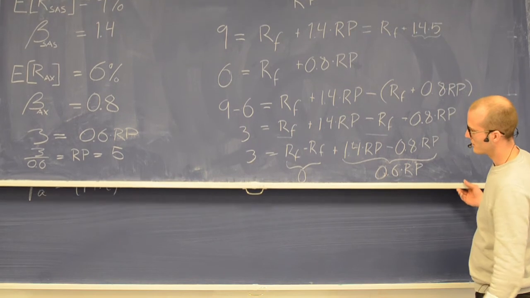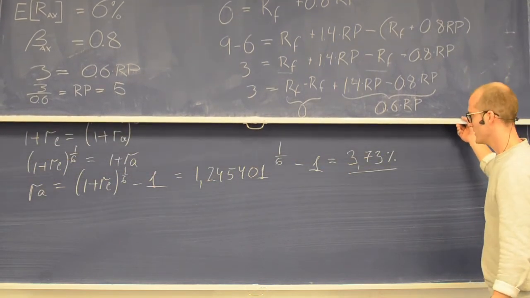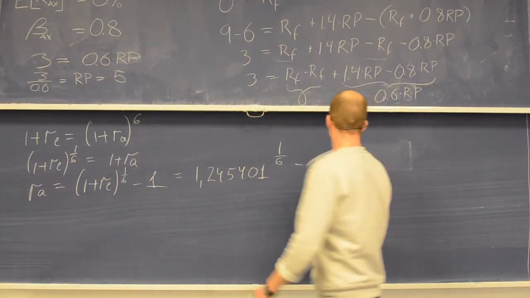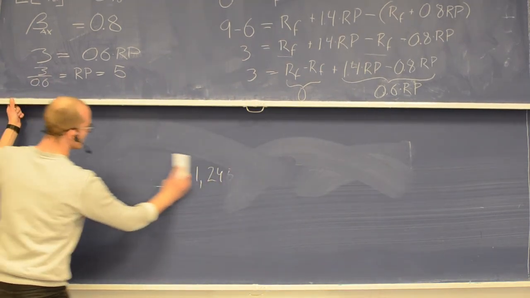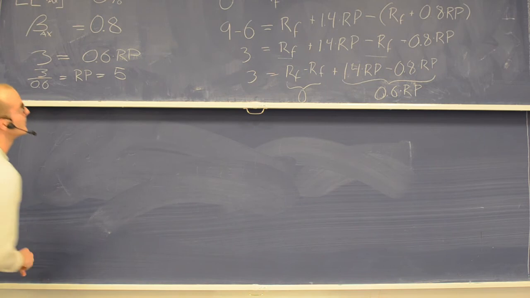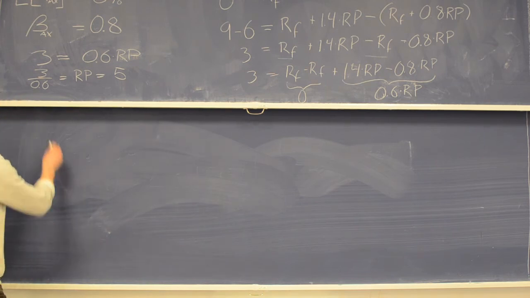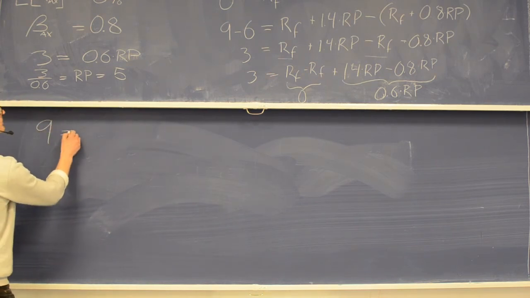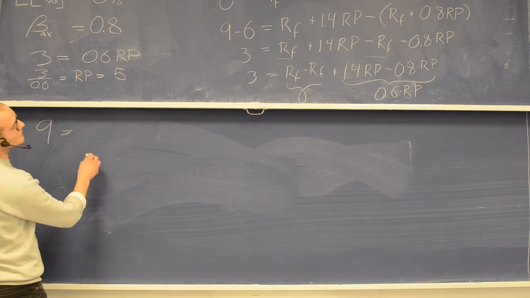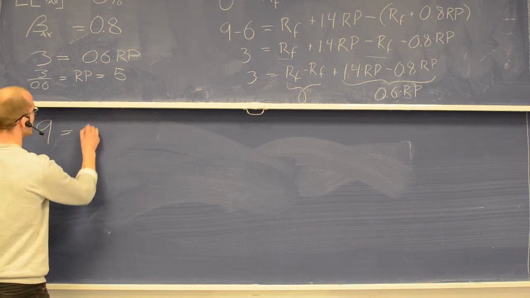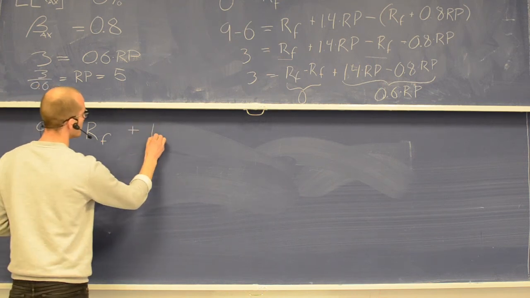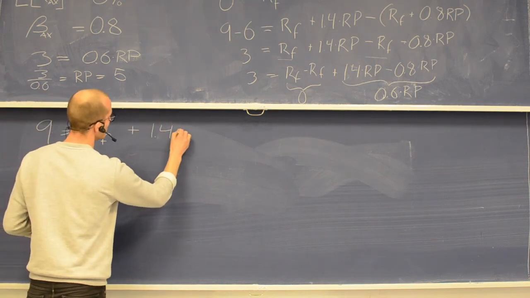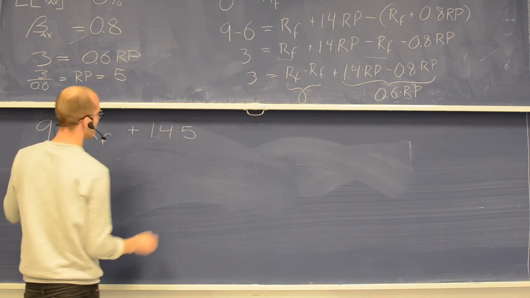I really need to change board, so I will erase this here. So we had 9 is equal to RF plus 1.4 times 5.